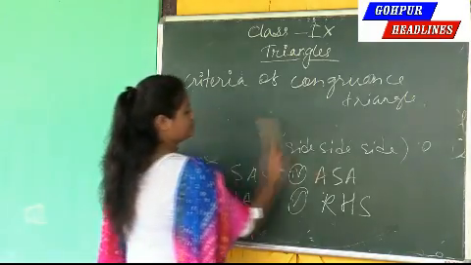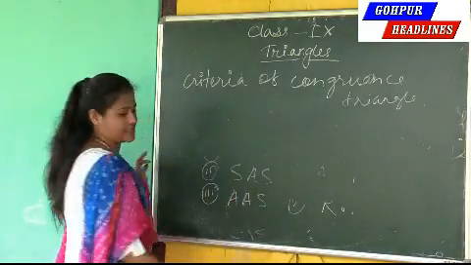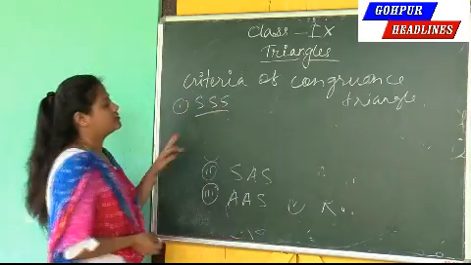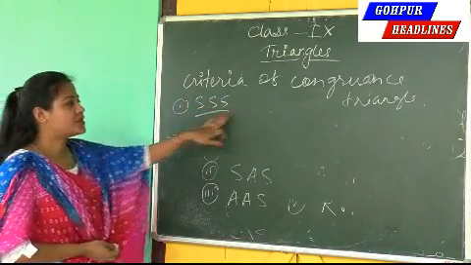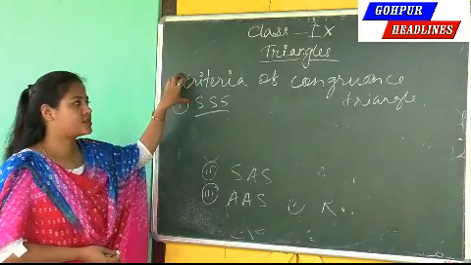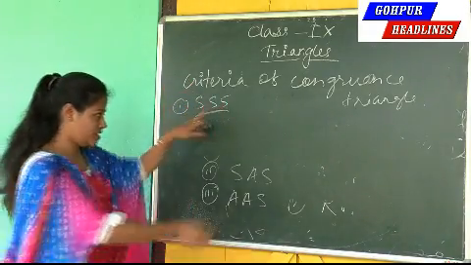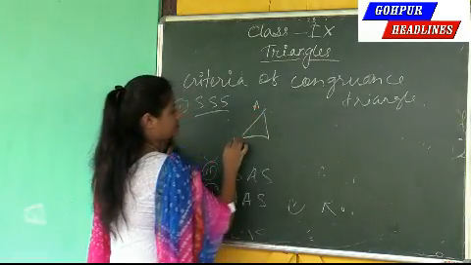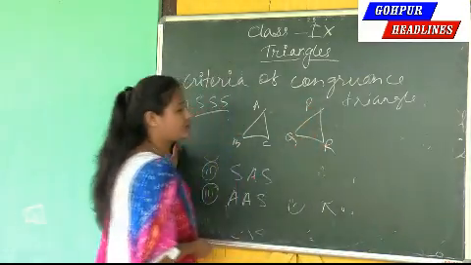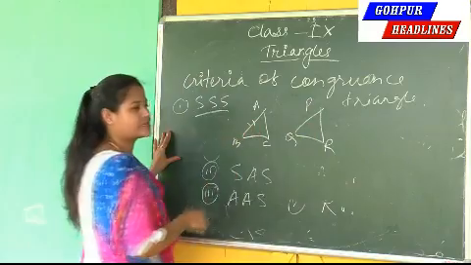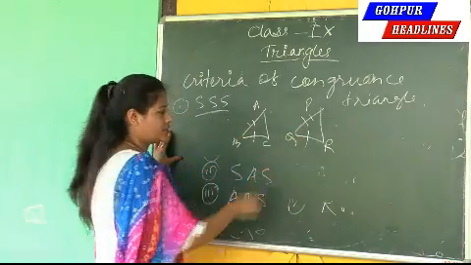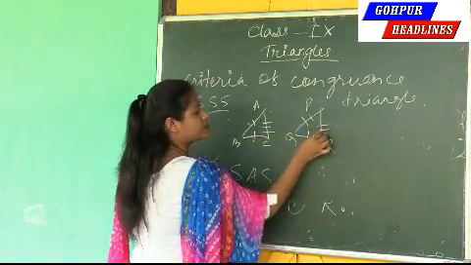The first one is side, side, side. Two triangles are said to be congruent by side, side, side when, if we take triangles ABC and PQR, these sides are equal to these sides, and these sides are equal to these sides.